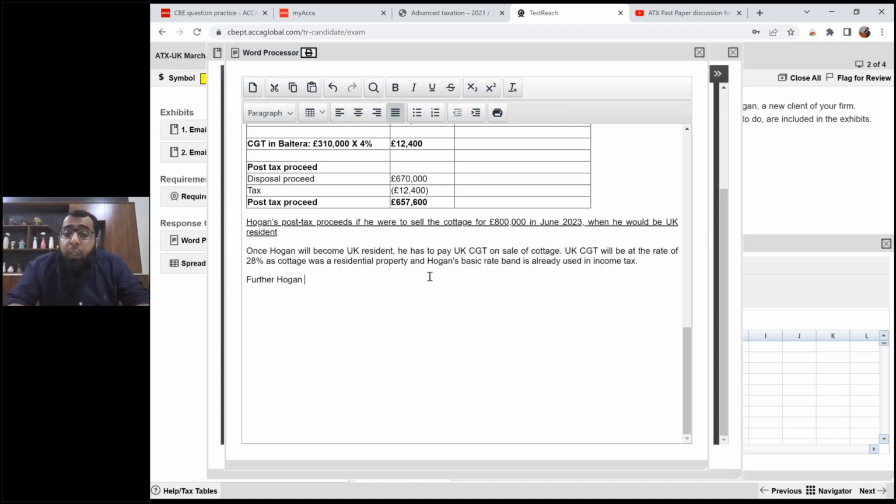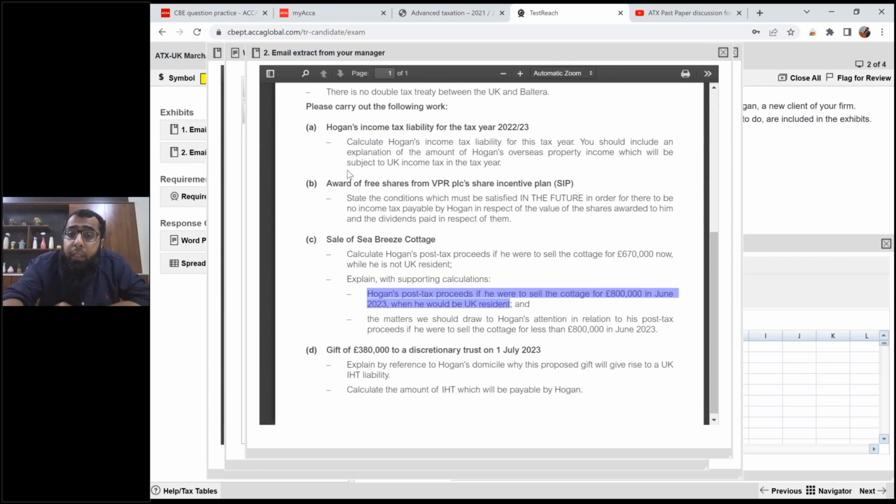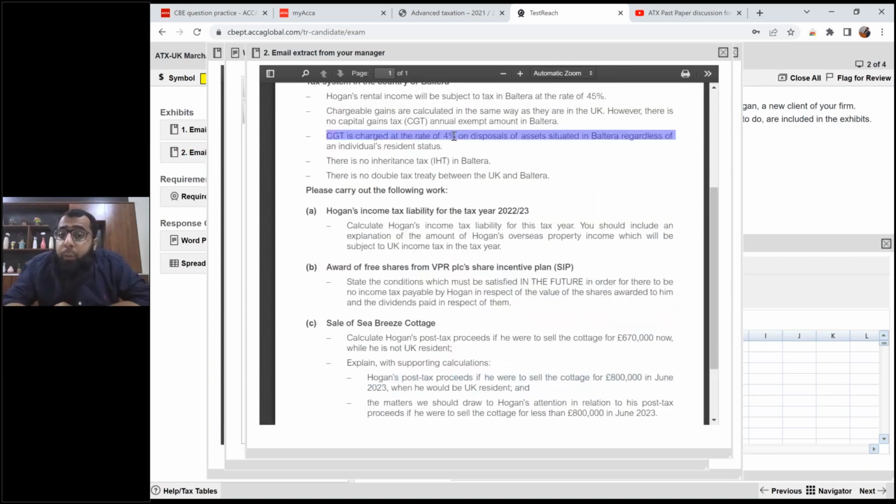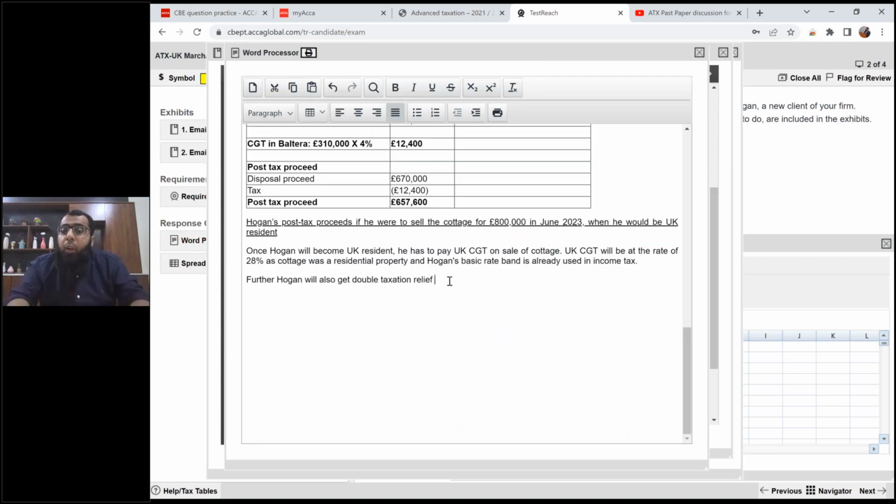Further, Hogan will also get double taxation relief. Why will he get double taxation relief? Because CGT is charged at the rate of 4% on disposal of assets situated in Baltira, regardless of the individual's residence status, because the overseas tax is 4%. Hogan will get double tax relief as disposal of the cottage will also be subject to overseas tax.